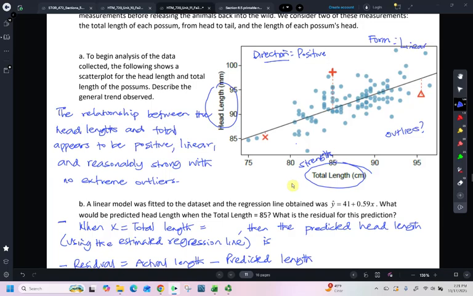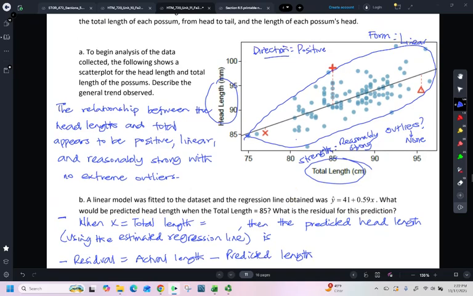For the strength, most of these points are close, so I'll say reasonably strong. Do we have outliers or not? I would say no, there are none. So I can put all of this together in a statement: the relationship between head length and total length of possums appears to be positive, linear, and reasonably strong with no extreme outliers.